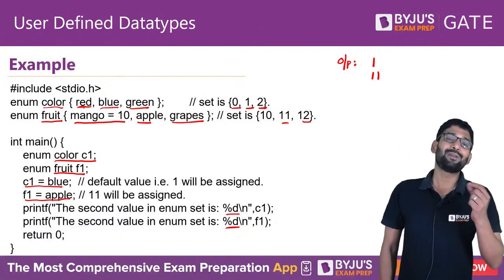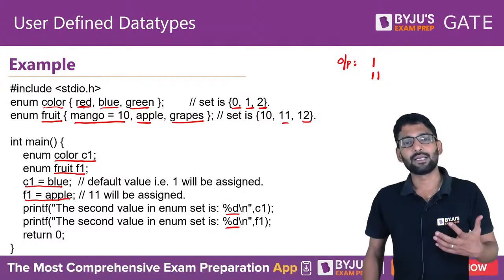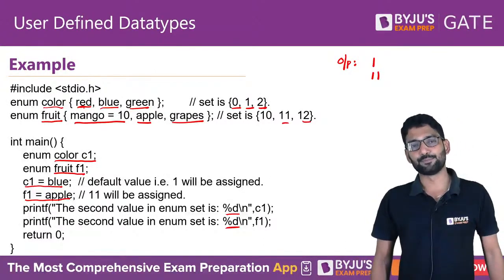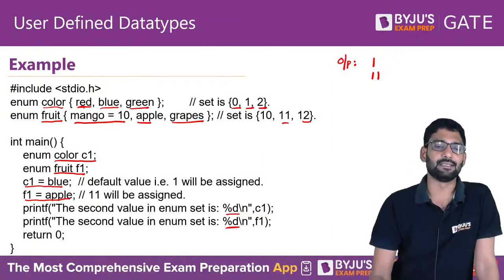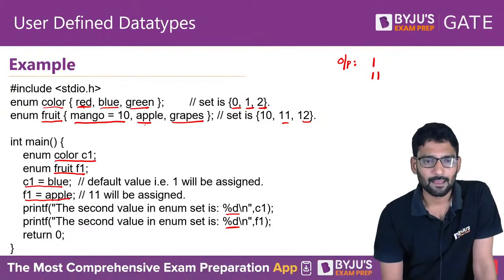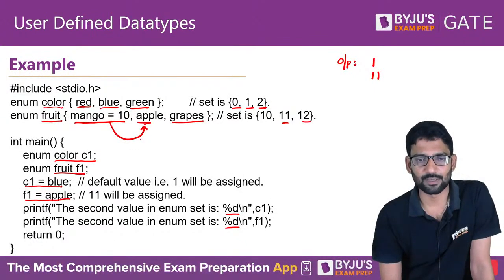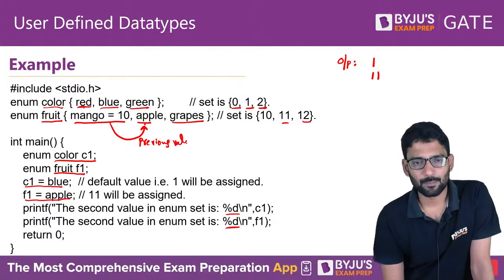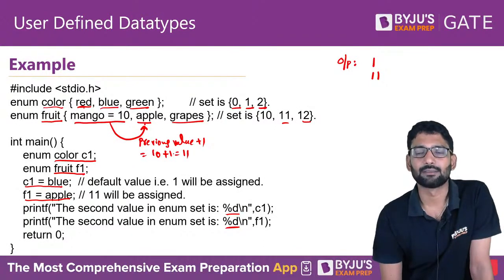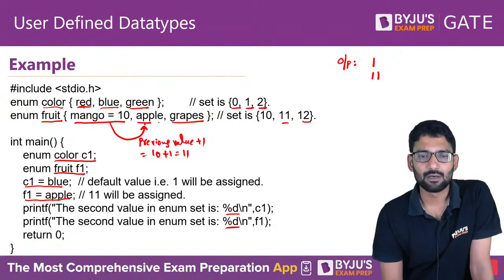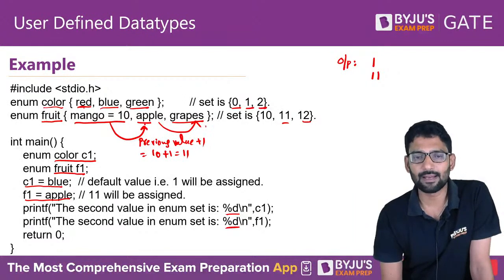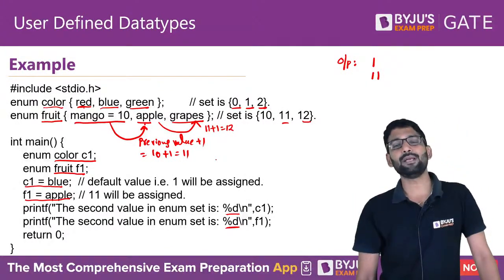Because its previous variable is assigned a value, and it takes its previous value plus 1. So this is 10 plus 1, 11. Now, apple is 11, so what would be grapes? Previous value plus 1, 11 plus 1, 12. That's why it would be 12.